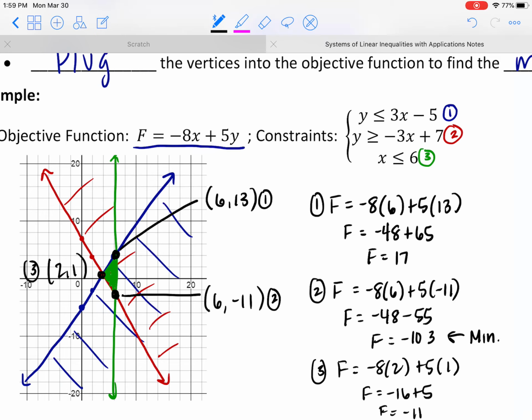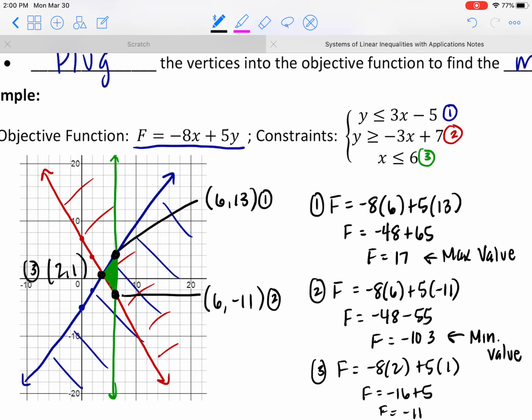Okay, since -103 is the lowest value produced, this is the minimum value, then we would say that this situation has a minimum value of -103, and that is produced by the coordinates 6 and -11. And then this is where the maximum value is produced. So this has a max value of 17, and is produced by the coordinates 6 and 13, okay?